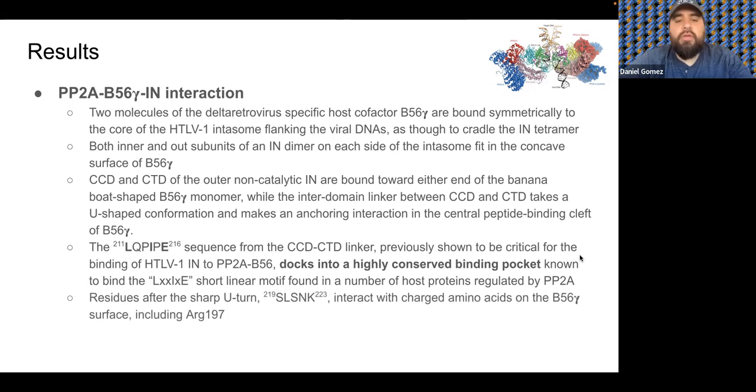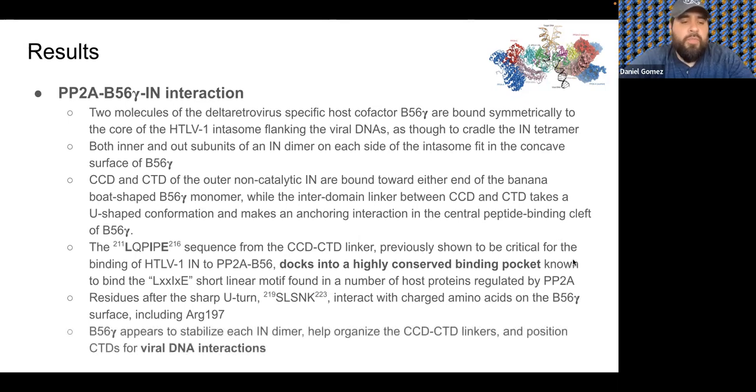So these residues take a sharp U-turn a little bit downstream, at 219 to 223, that's S, L, S, and K. And these interact with charged amino acids on the B56 gamma surface, including arginine 197.